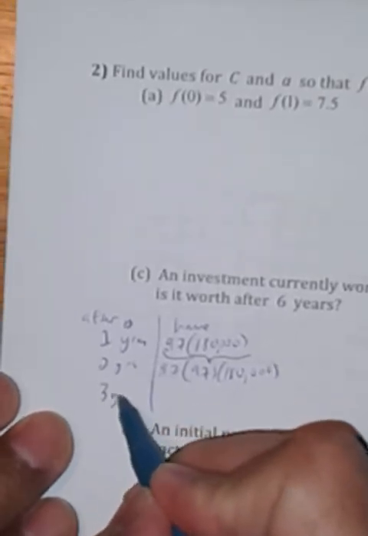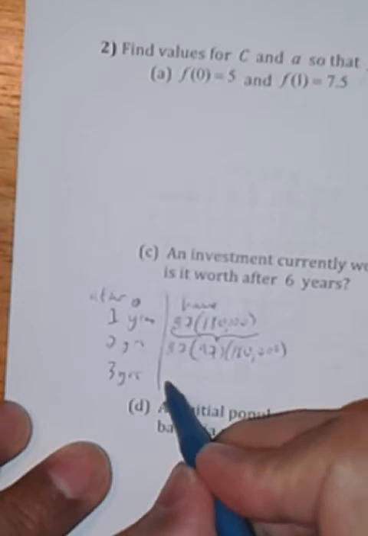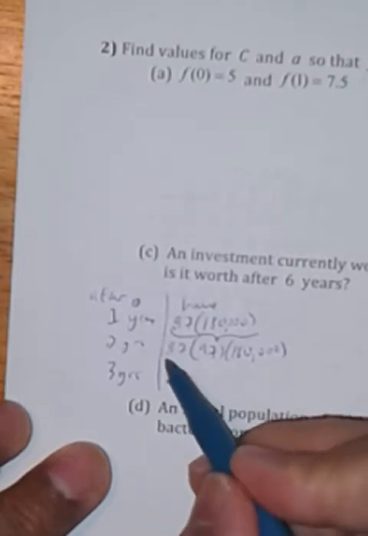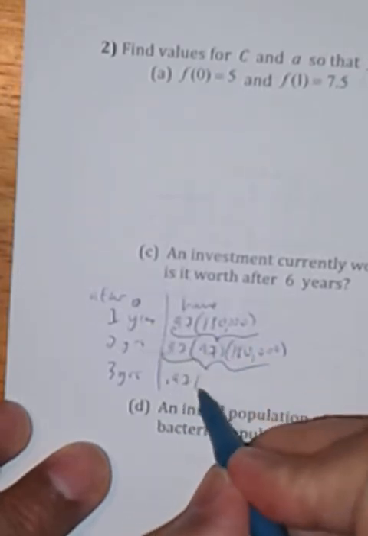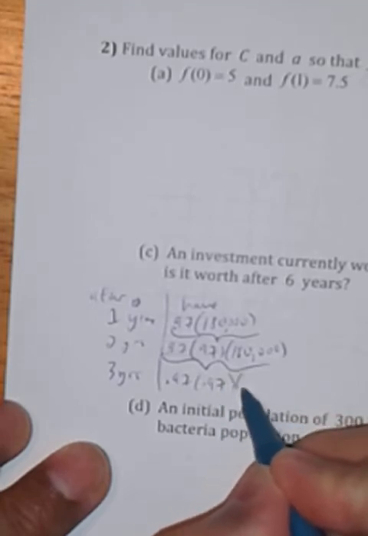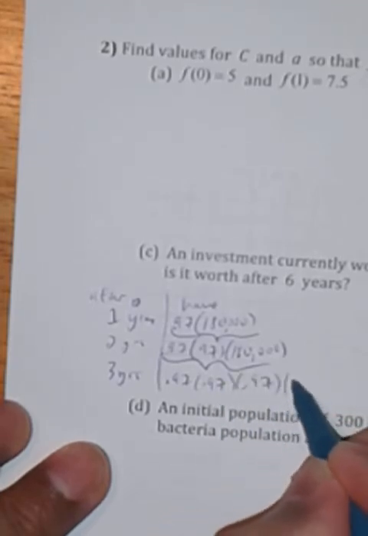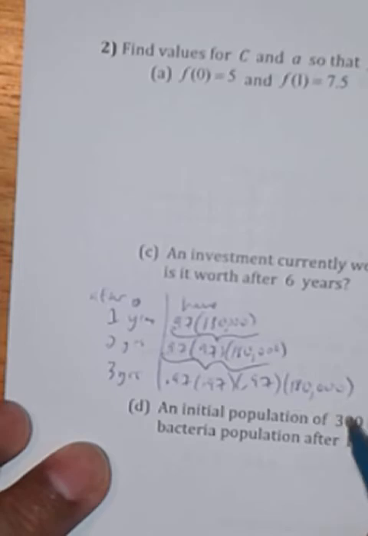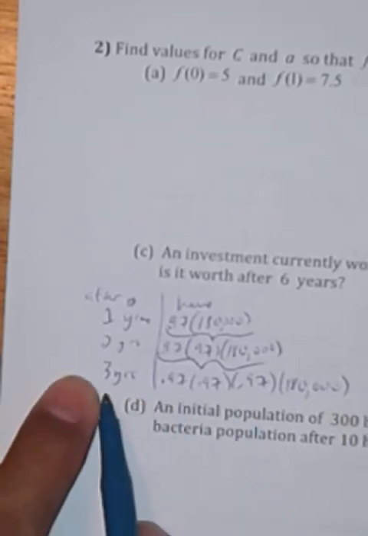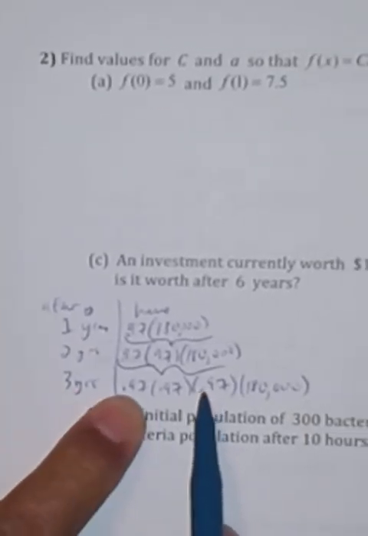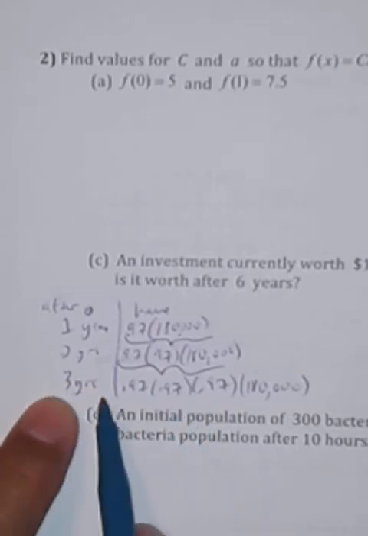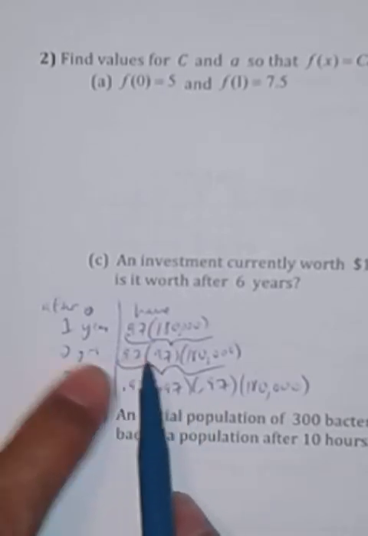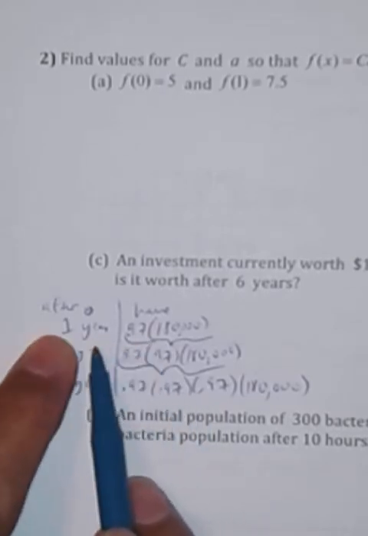After 3 years, you have 97% of what you had the year before, which is 0.97 times 0.97 times 180,000. So what do you notice about the 0.97 and the number of years? It's to that power, right? It's 0.97 to the third, or after 2 years it's 0.97 to the second, or after 1 year it's 0.97 to the first.